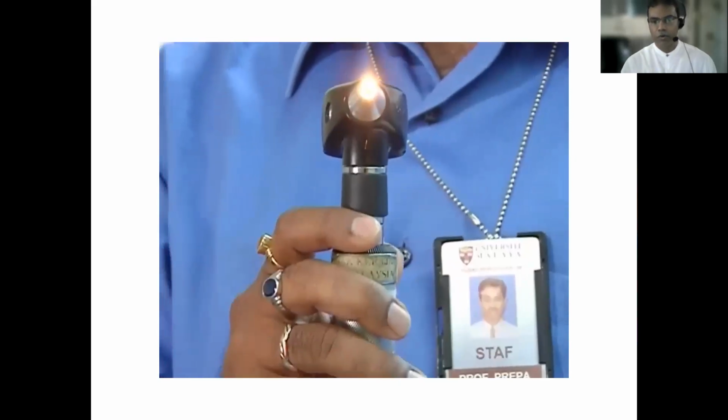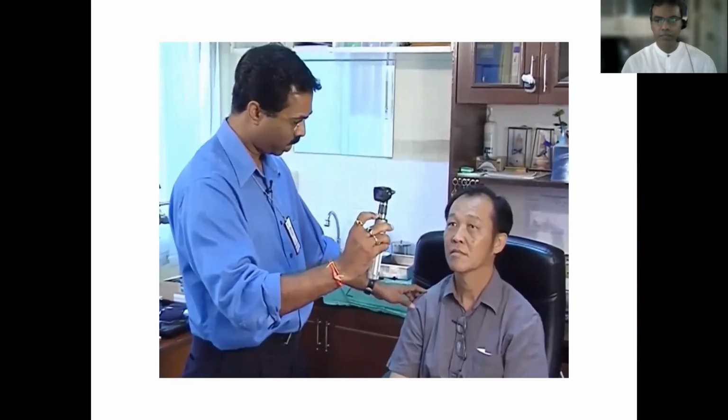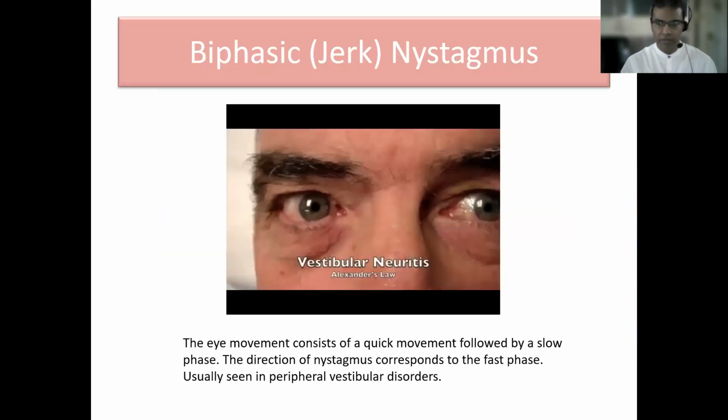He's holding an otoscope with the light on. The patient looks at the light of the otoscope, with the head held still. While this test is done, we look at the patient's eyes, looking for any abnormal eye movements.